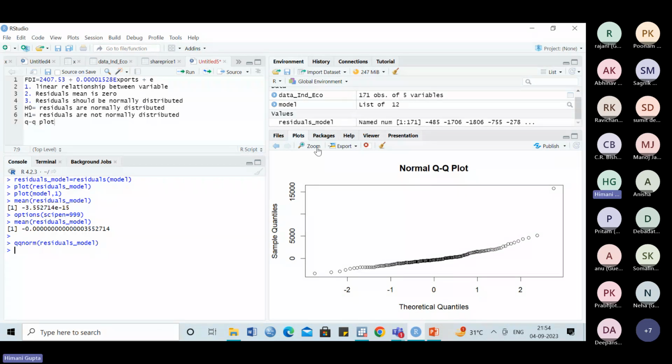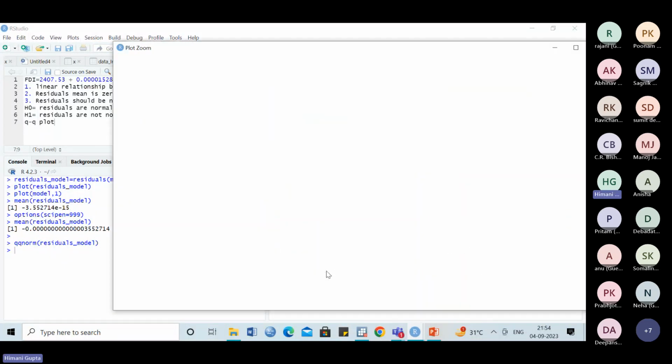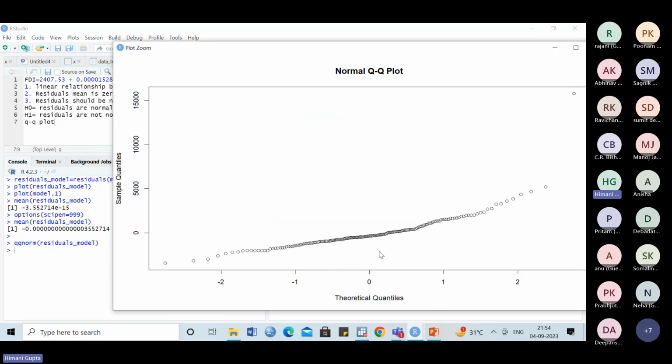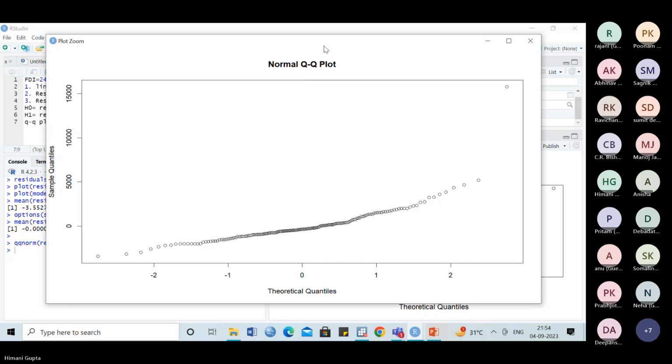Is there a straight line in this diagram? Are all the residuals on the straight line? These are your residuals. Are they on the straight line? No, ma'am. If I draw a straight line over here, that means my residuals are not normally distributed.